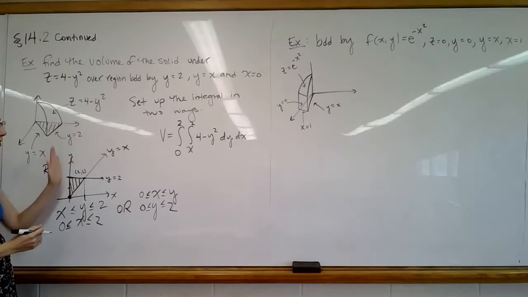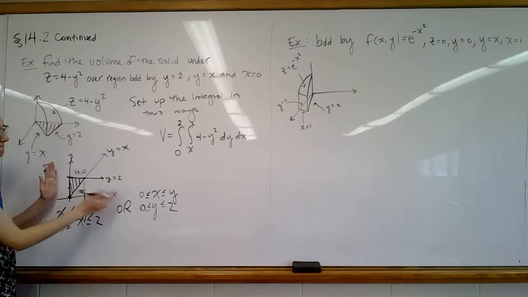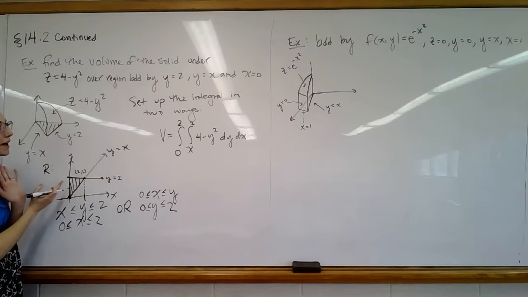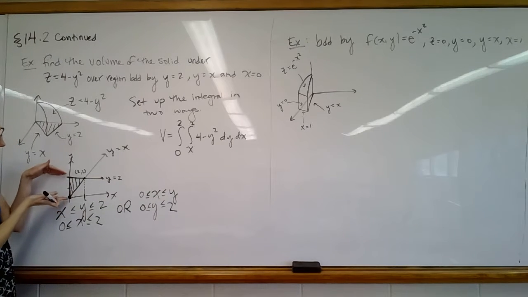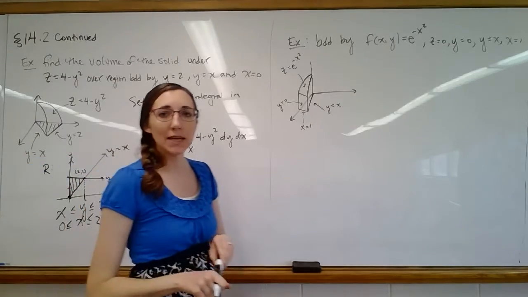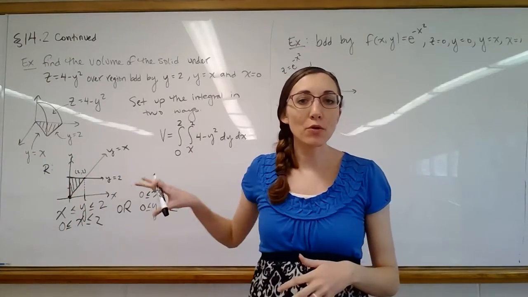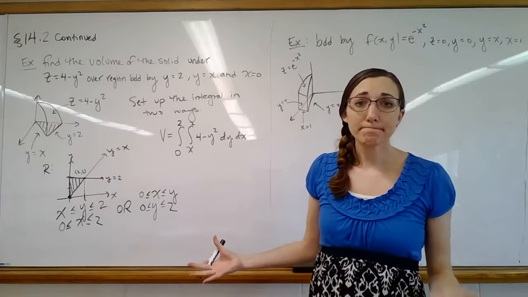So notice we went from left curve, x equals 0, to right curve, x equals y. So x went from 0 to y. And then on that, y numerically went from 0, the smallest y coordinate, to 2, the largest y coordinate. It defines the exact same triangular region. Both of these sets define R.